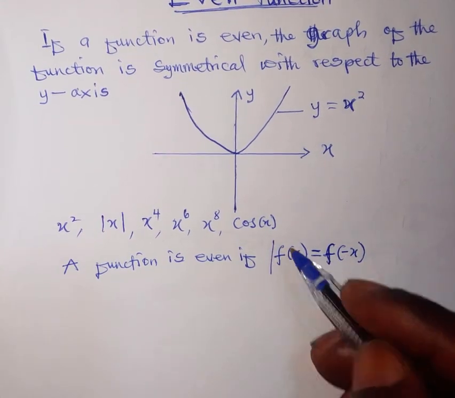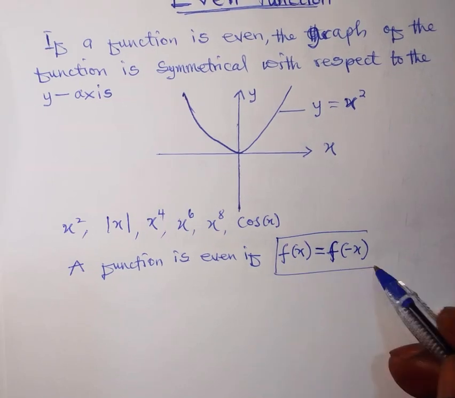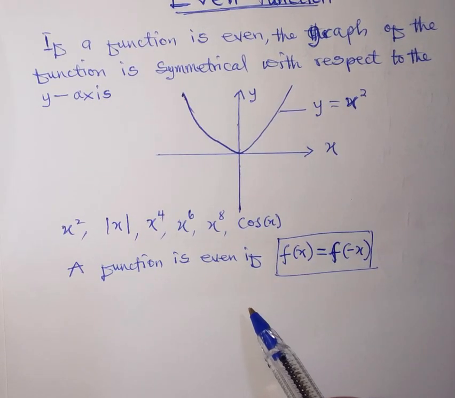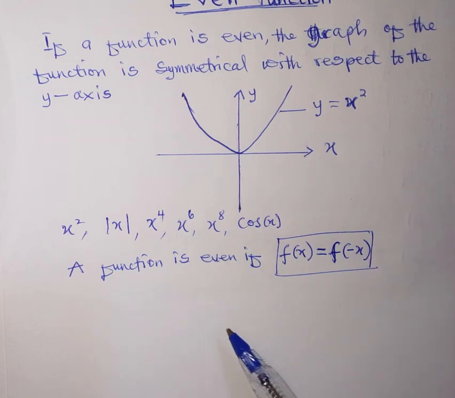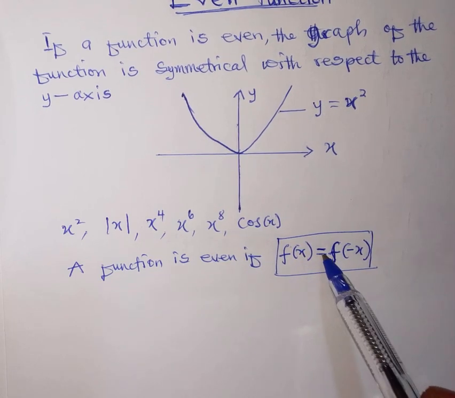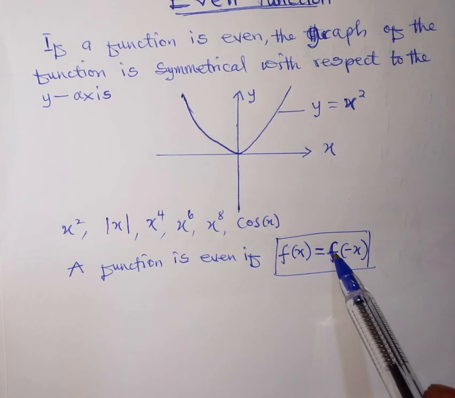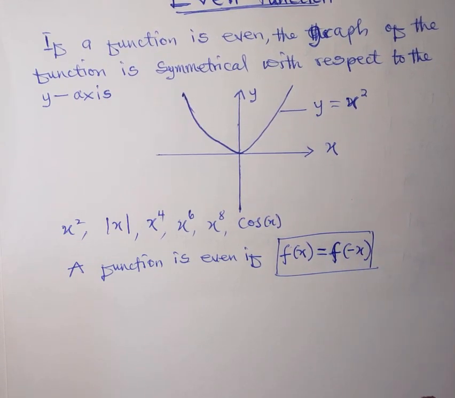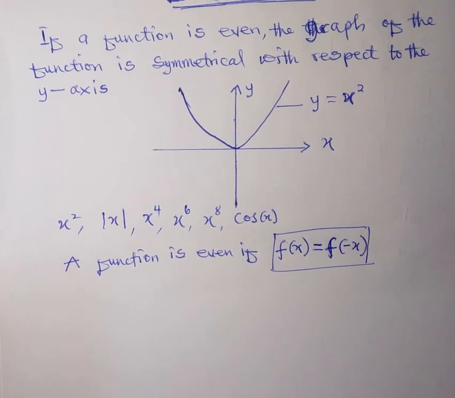We are using this to show that a function is even. So a function can only be even if f of x should be the same as what? F of negative x. So let's take our first example, solve it to look at how it works.